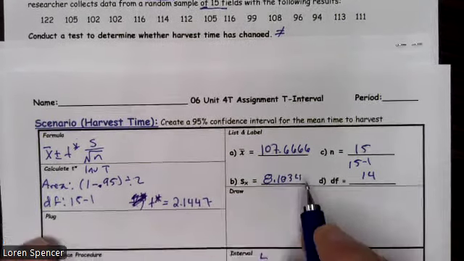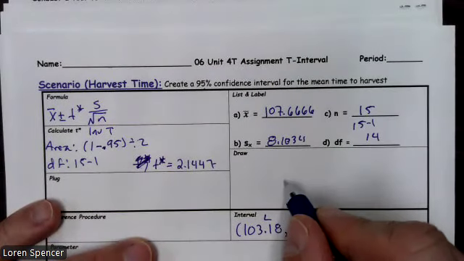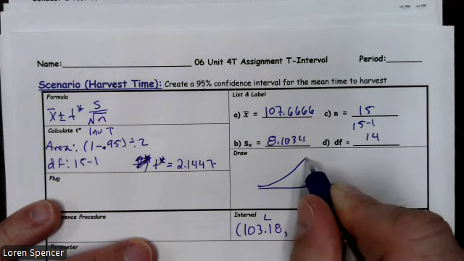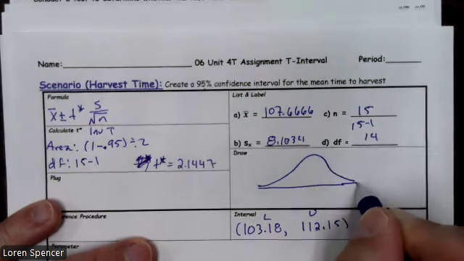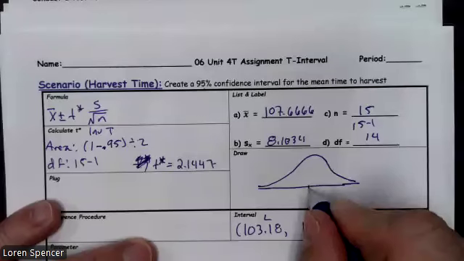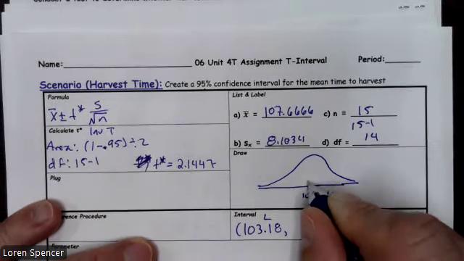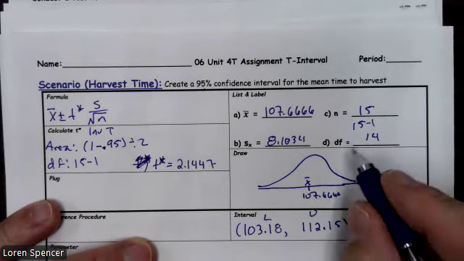I can go ahead and draw my picture now. With confidence intervals, the pictures are centered on the sample mean. So they're centered on, in this case, 107.666, centered on x bar.